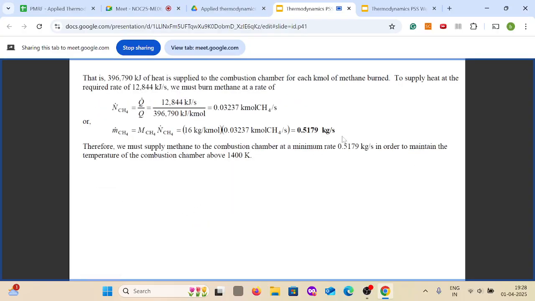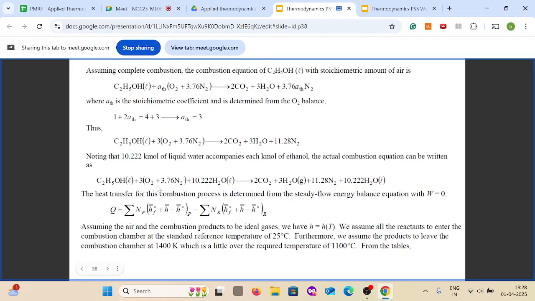This amount of methane has to be supplied because the water which was present in the solution takes away some of the heat generated by the ethanol and gets converted into vapor. So that will absorb some of the heat, and it cannot maintain the temperature at 1400 Kelvin.